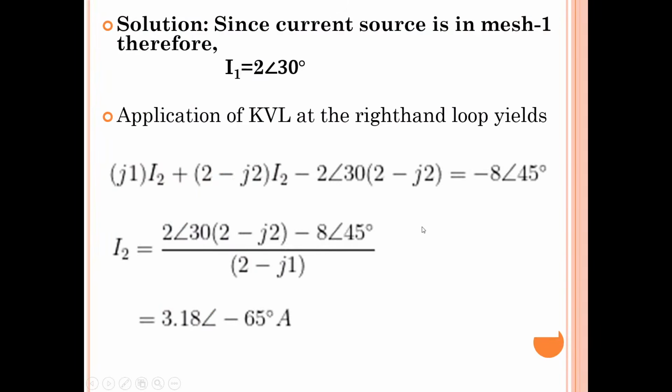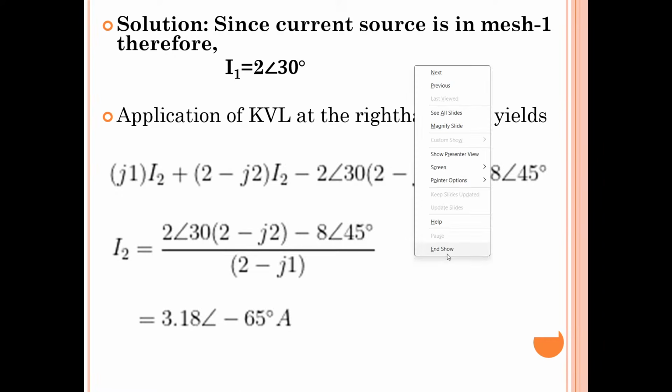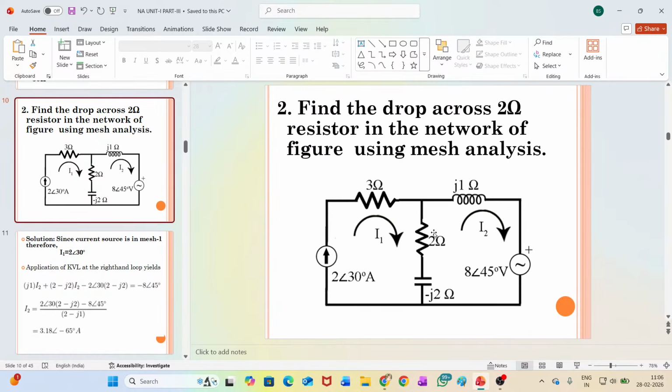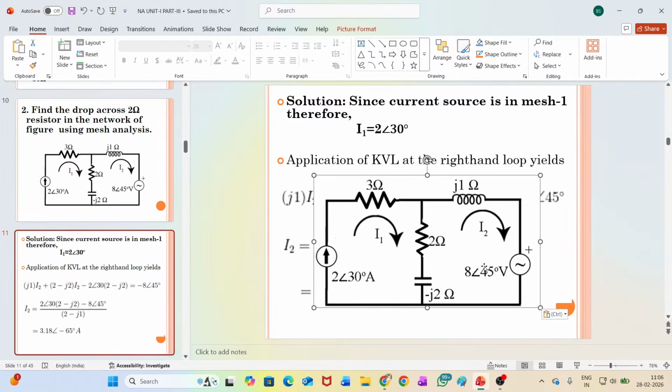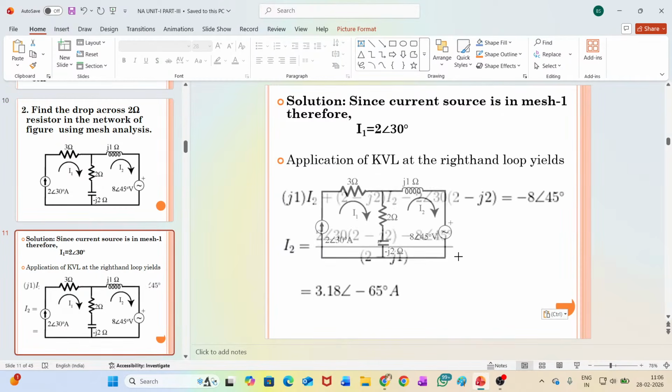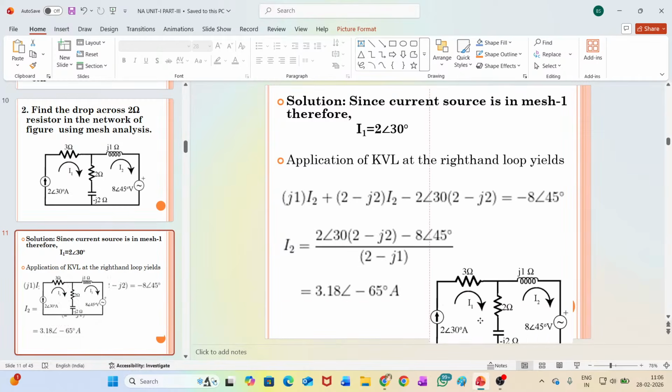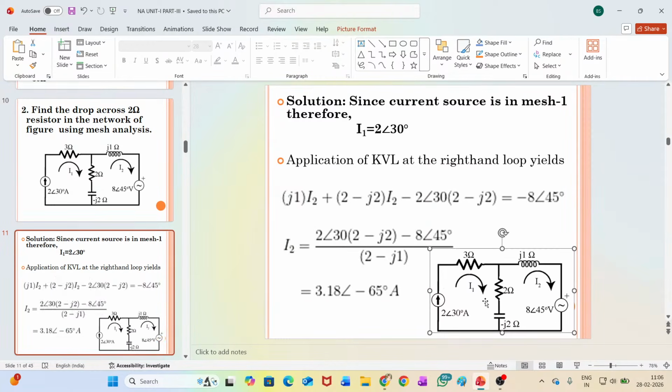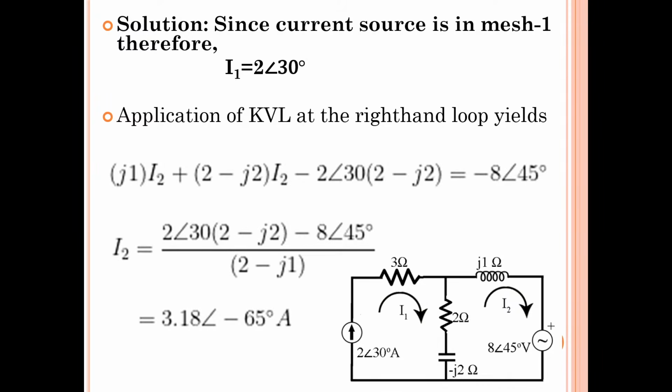Okay, you can write it down. In the solution, you can mention I1 is equal to 2 at an angle of 30 degrees. That is our source current. I'll better copy that circuit here itself. I hope you people are writing.